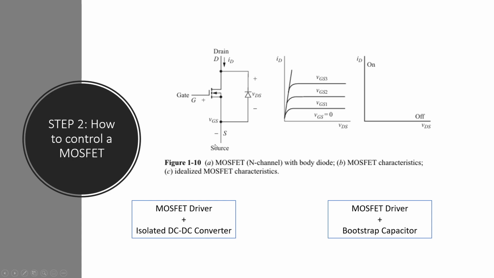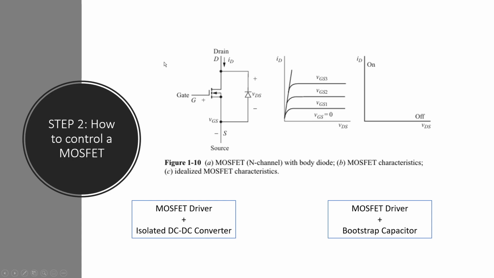And then to drive the MOSFET, we need what is called a MOSFET driver, because some PWM generators or microcontrollers cannot drive the MOSFET directly. For example, Arduino, STM microcontrollers, or ESP all output only 3.3 volt, but the MOSFET needs between 10 and 15 volt, maximum 20 volt.